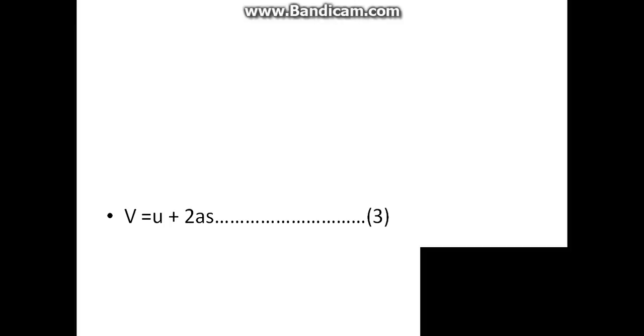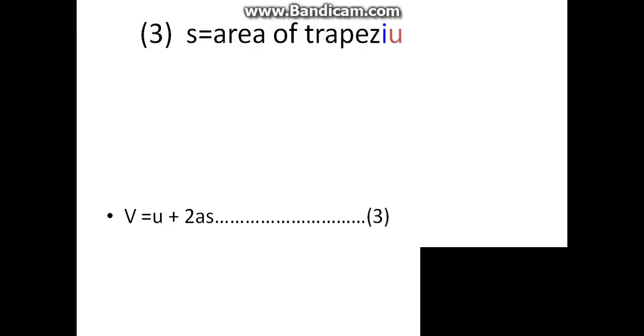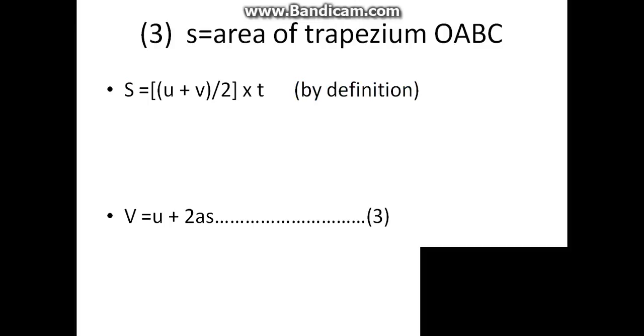For the third equation, the distance is equal to the area of a trapezium OABC. s is equal to (u plus v) over 2 times t by definition, but t is equal to (v minus u) all over a by making t the subject of the formula.